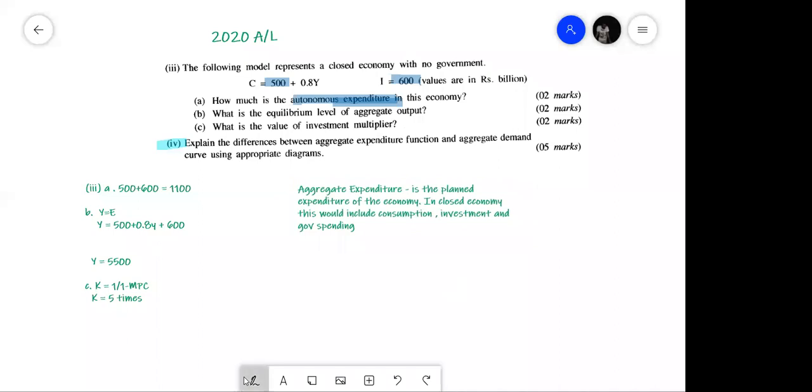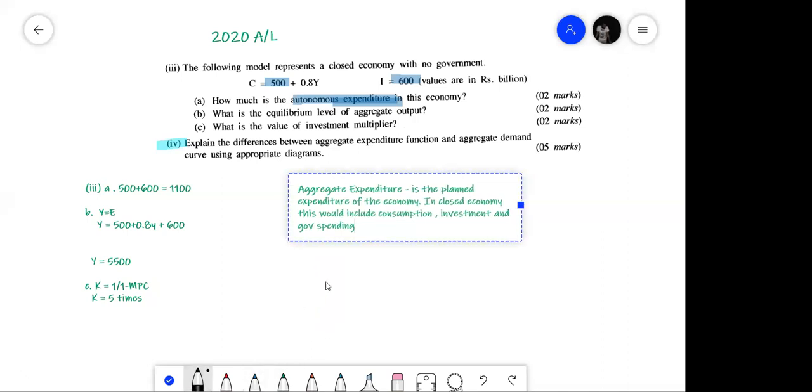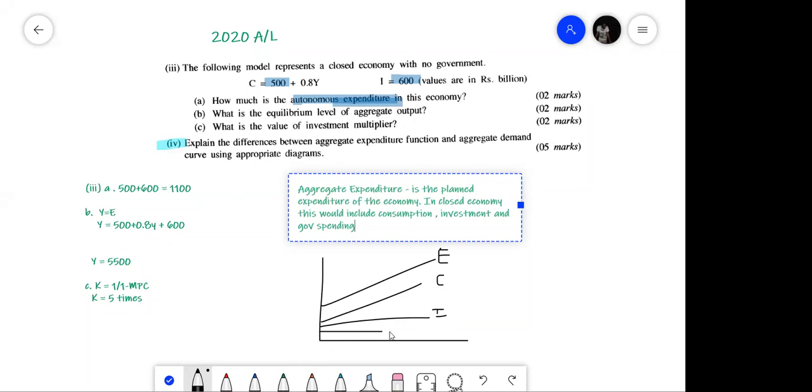And then you can draw the aggregate expenditure curve. So I'll draw the curve here. So aggregate expenditure. In addition to that, you can draw the individual curves also. So this is the expenditure. In addition to that, you can draw the consumption function. You can draw the investment function. You can draw the government spending.